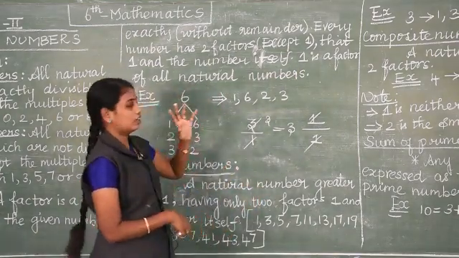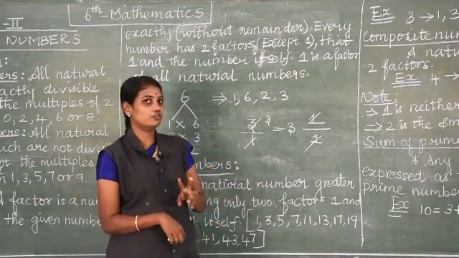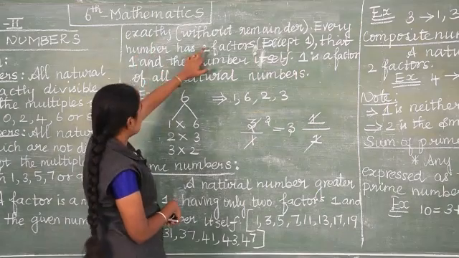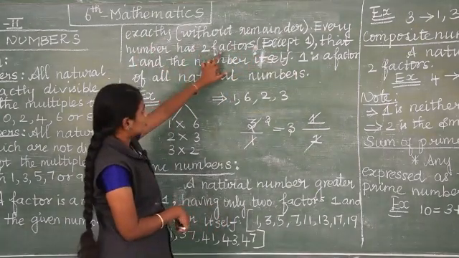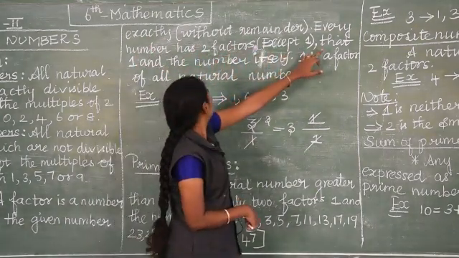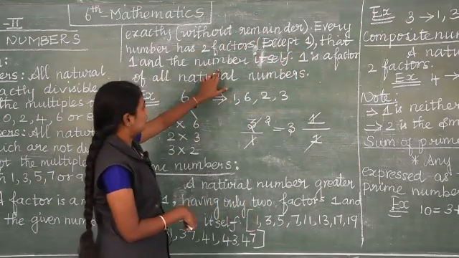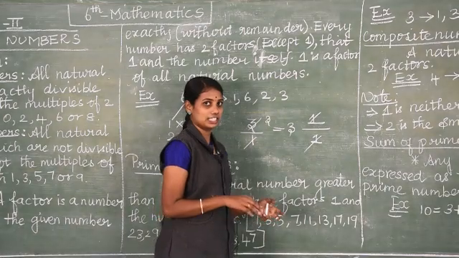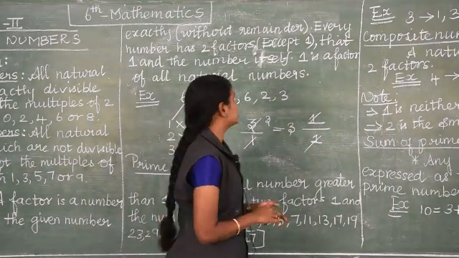Other than 1, every number has 2 or more factors, at least 2 factors, that is 1 and the number itself.